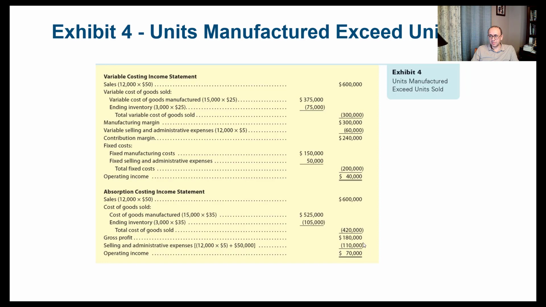We subtract the 110 from the 180, and the operating income would be 70. Notice that the operating income under variable costing is less than the operating income under absorption costing when the sales were less than manufacturing, because we manufactured 15 but we only sold 12. So in this case, our operating income under absorption costing was higher than under variable costing.